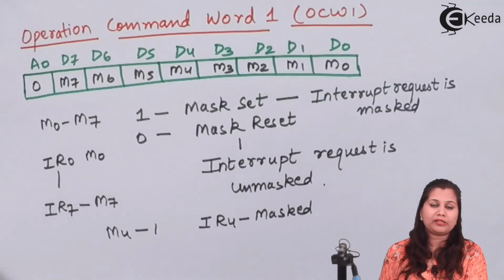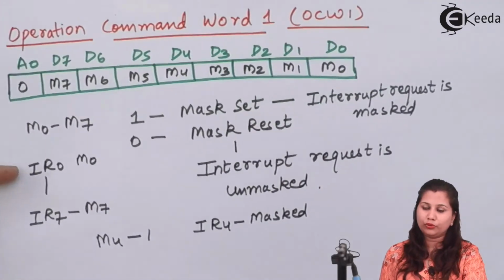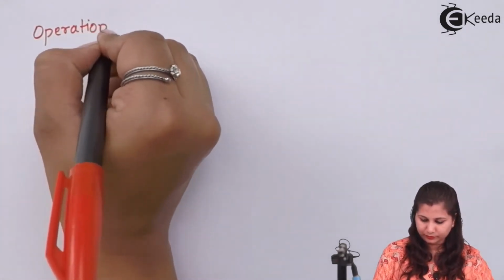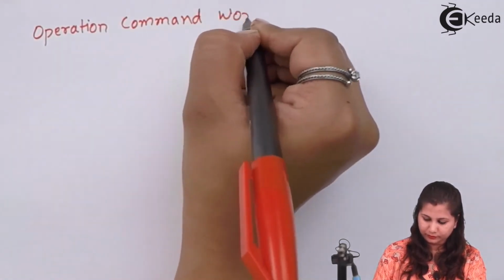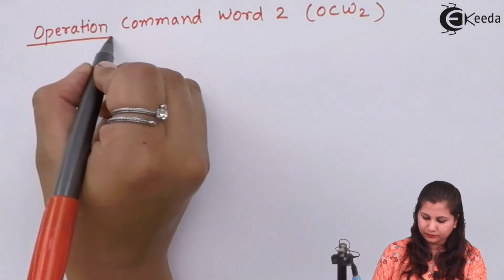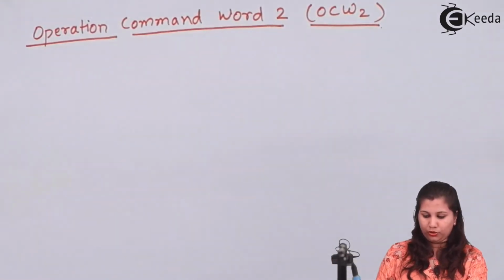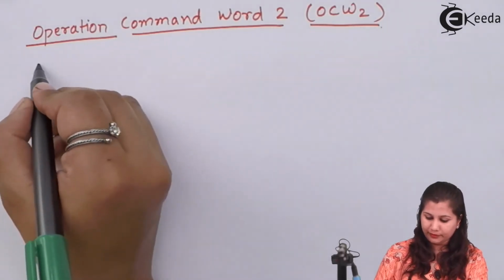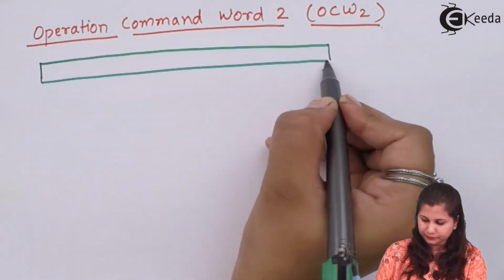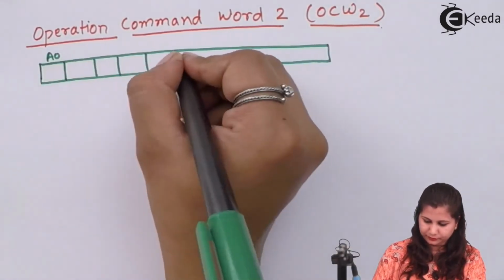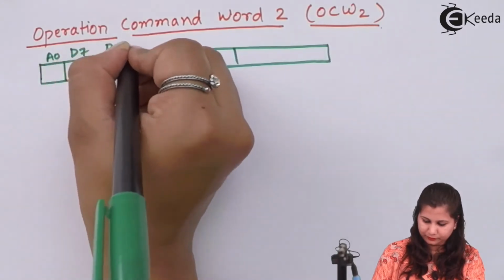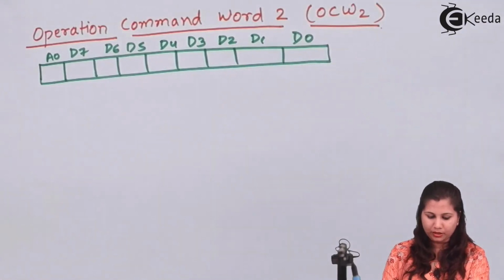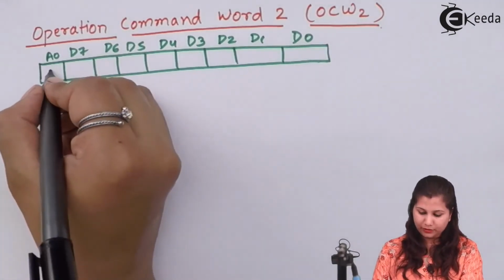Now let us come to the operation command word second, OCW2. Let us see what the 8 bits of this operation command word describe. Again, the A0 bit is 0.